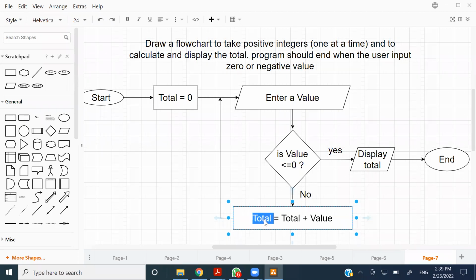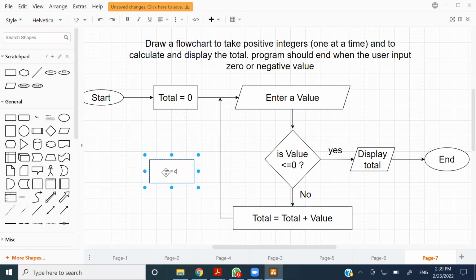And I told you there can be many different equations of this nature. As an example, I told you there can be situations like C equals C plus 1. So what does this mean, people?